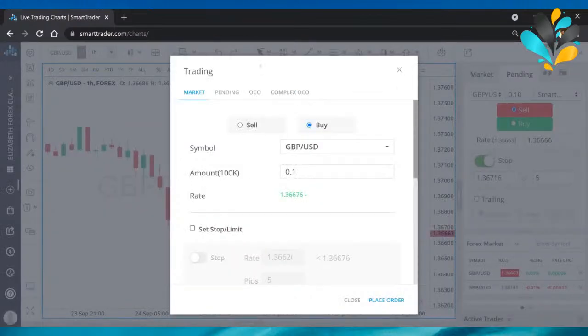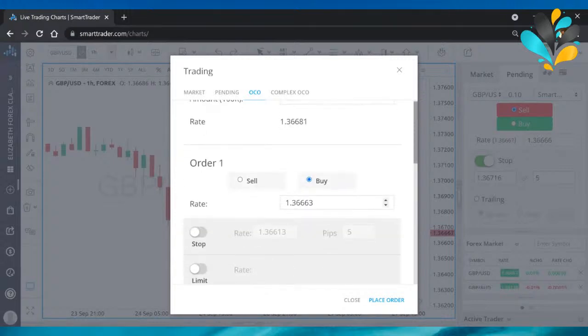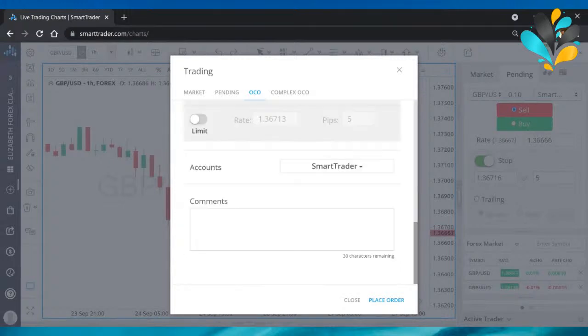So next, you have the option of clicking on the arrows, which allows for you to see the various types of trades that you can set. So OCOs is if you want to set more than one order at a time.